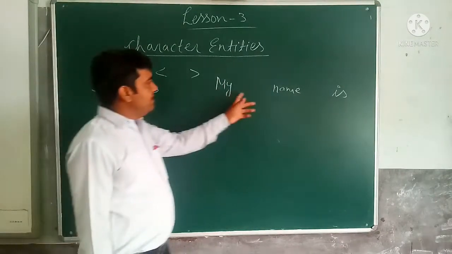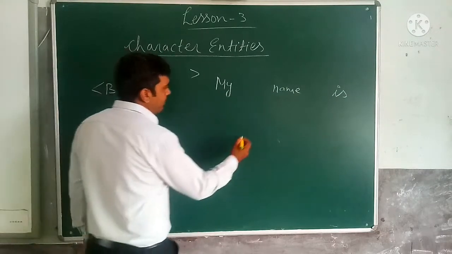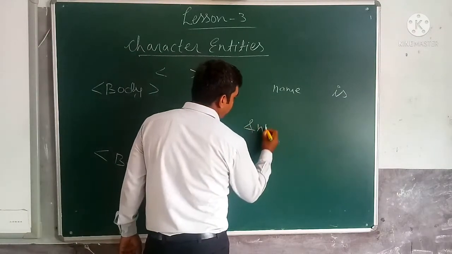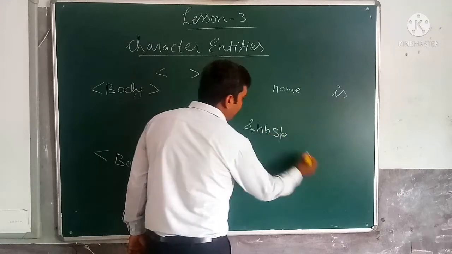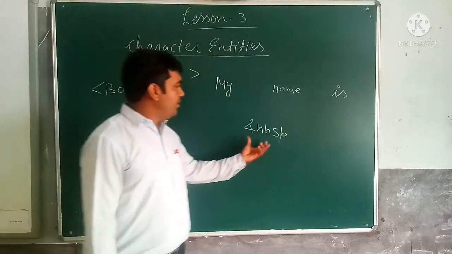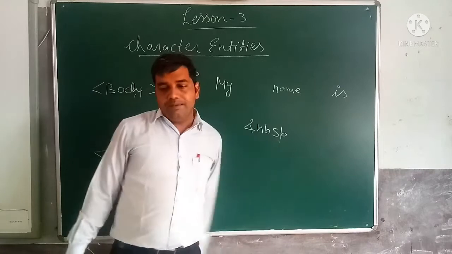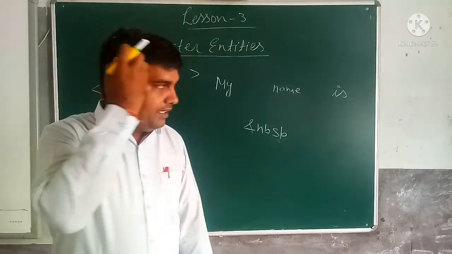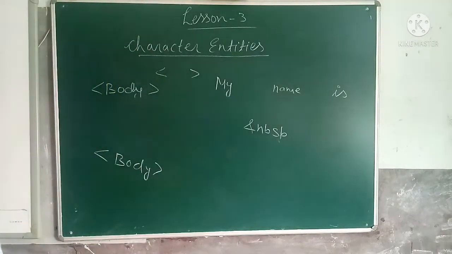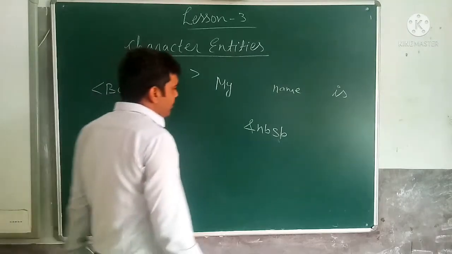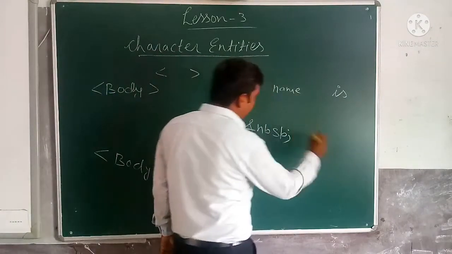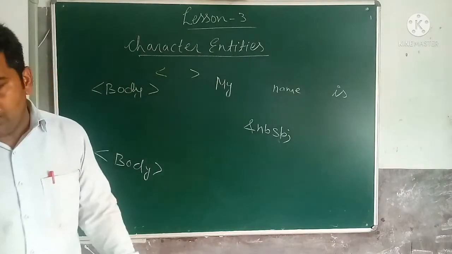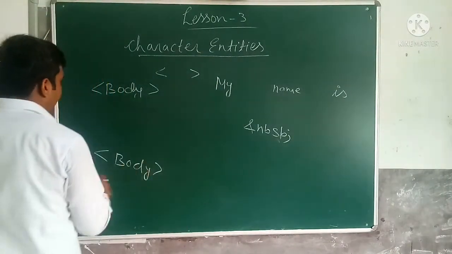This space is given by the symbol ampersand NBSP, number of blank spaces. Each time you write NBSP, it will leave one character space. So you have to write NBSP semicolon several times.